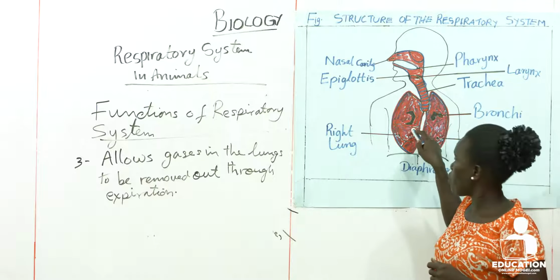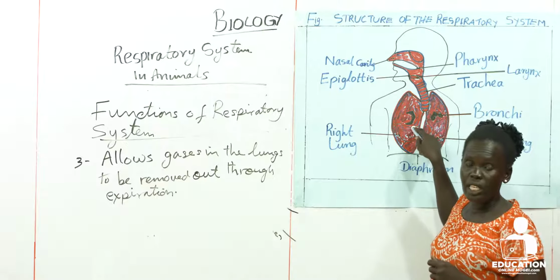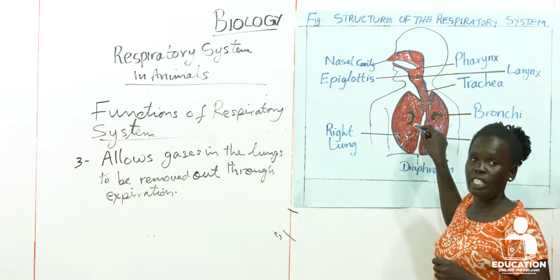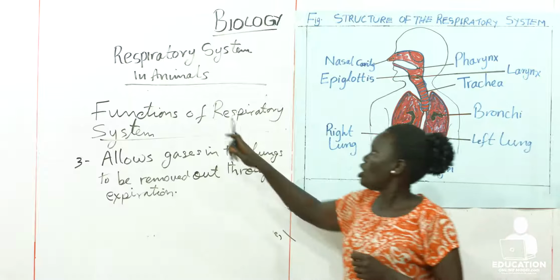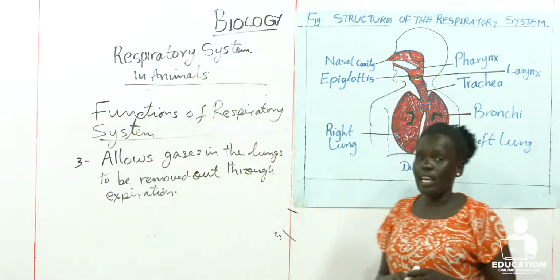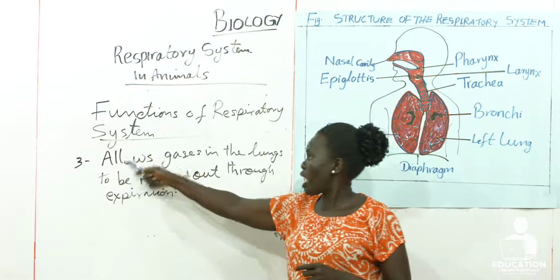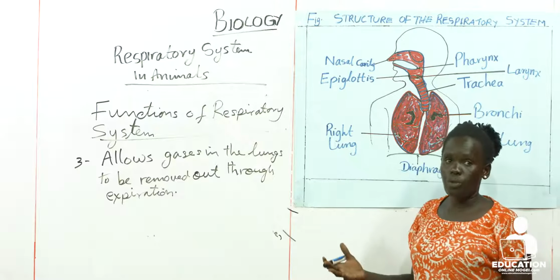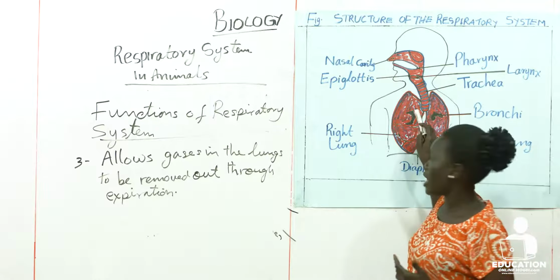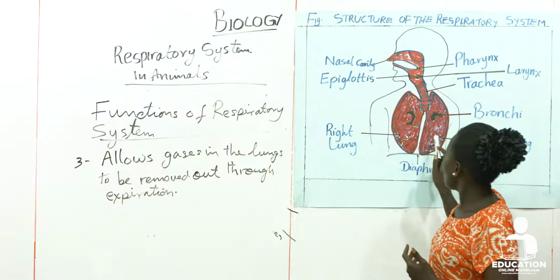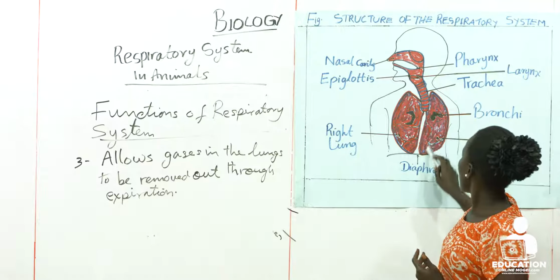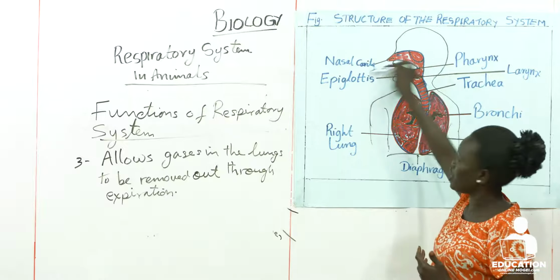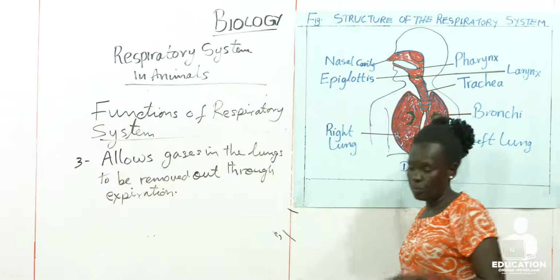So this lung will have gas, which is carbon dioxide, and for it to get out of this lung, it goes through the respiratory system. That's why it says here it allows gases in the lungs to be removed out, and this gas from the lungs, when it is removed, will be passing through bronchi, trachea, pharynx until it reaches the nose.